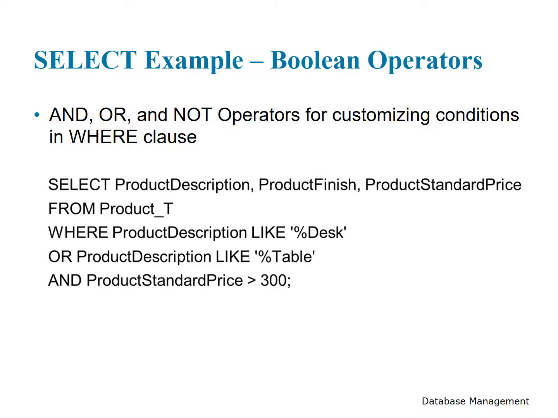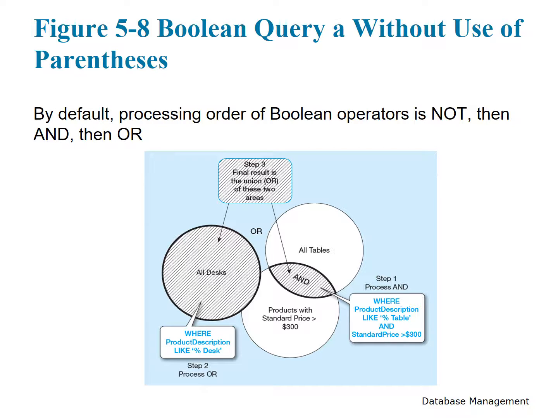The AND logical operator processes before the OR operator. Figure 5-8: Boolean query without use of parentheses. By default, the processing order of Boolean operators is NOT, then AND, then OR.